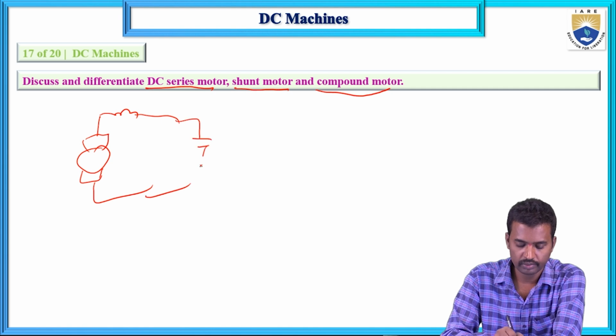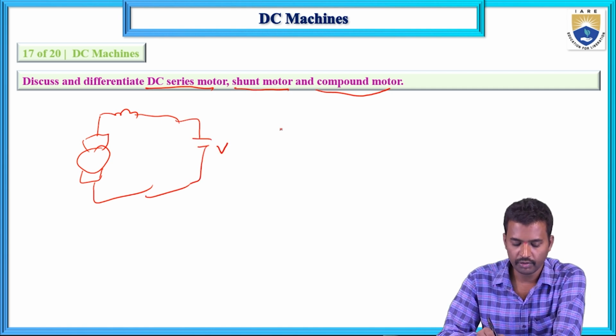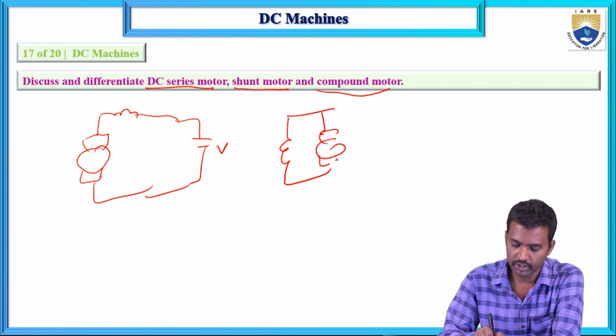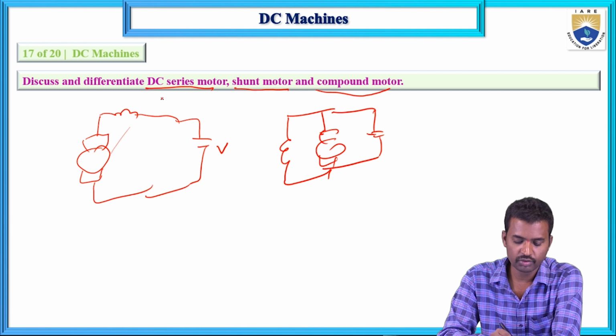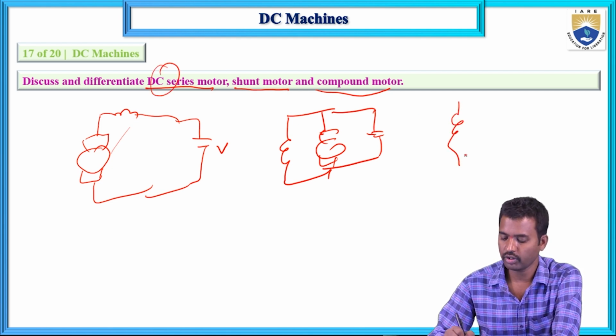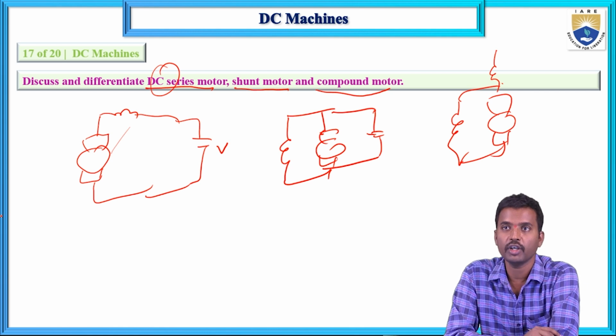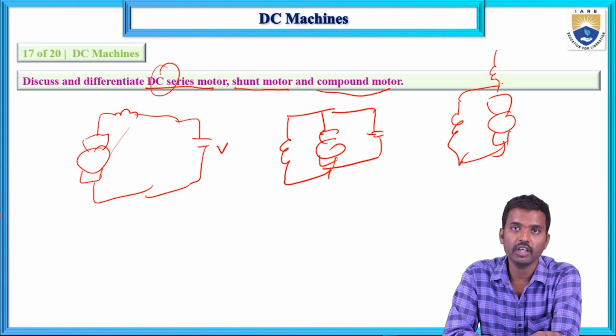This one is the armature, this is the supply V, and this is the field winding. If the field winding and armature winding are connected in series, this is the series motor, and if they are in parallel, this one is the shunt motor. If there are two field windings, one connected in series and the other in parallel, this is the compound motor, with different applications and different equations.